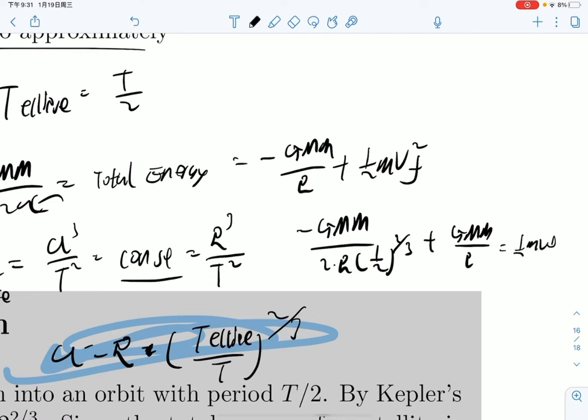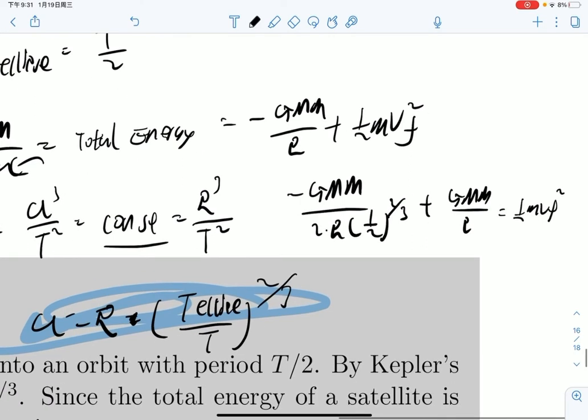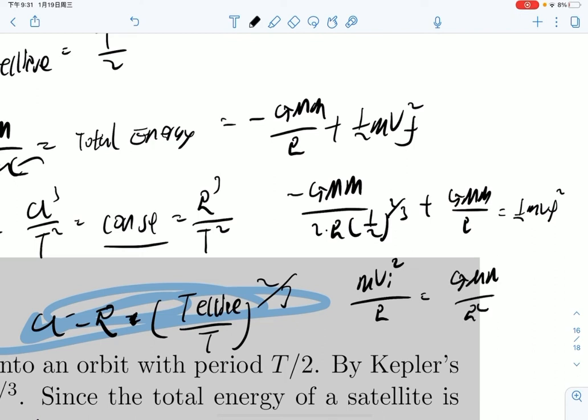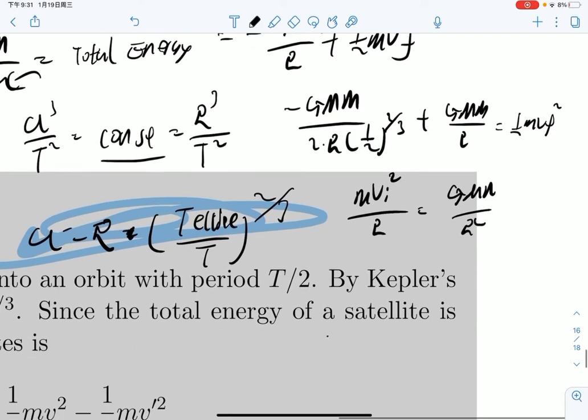And m v initial squared divided by r is equal to G big M small m over r squared. So you will have m v initial squared divided by 2 is equal to G big M divided by 2r.